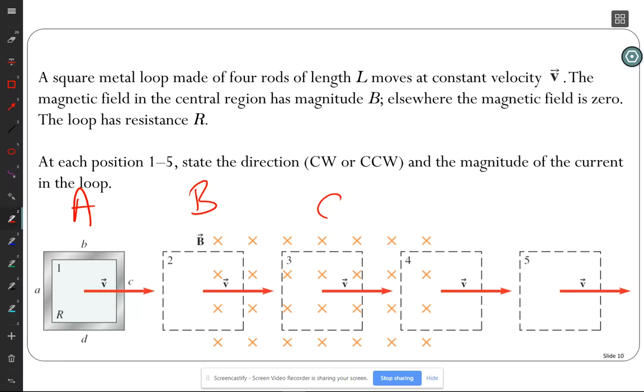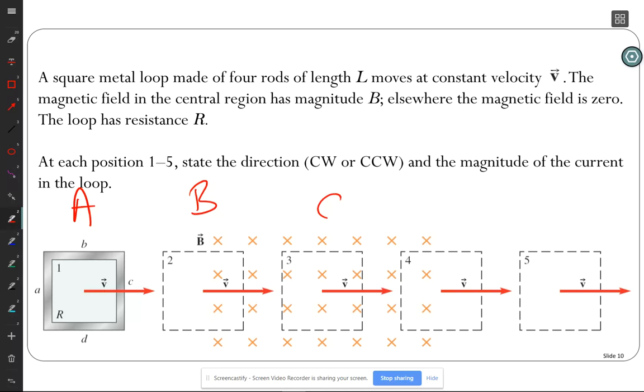Now, the big question, the reason I have this: what direction will the current be? Well, the force has to oppose it. So the current's going to go this way. When he said the force, he meant that the current has to create a magnetic field that opposes the change in magnetic field. Force wasn't the right word, but the thoughts were right.